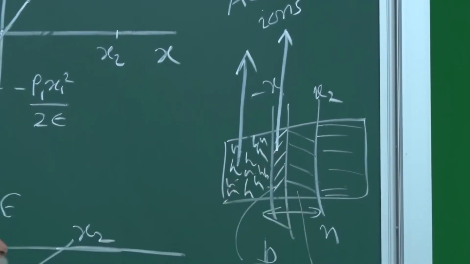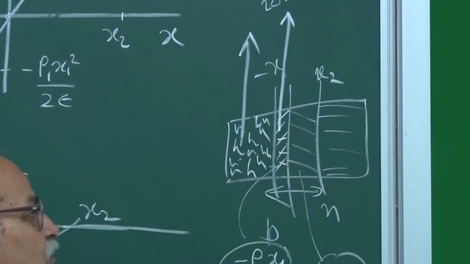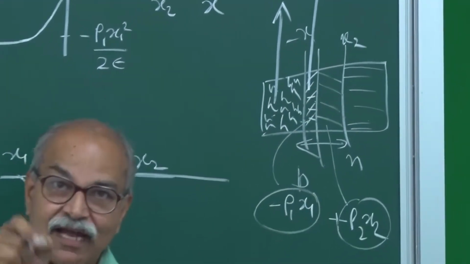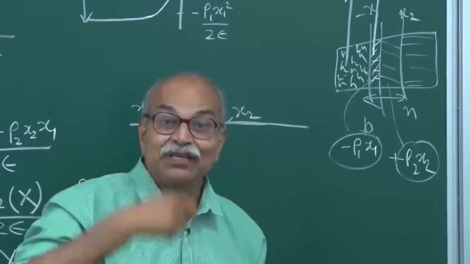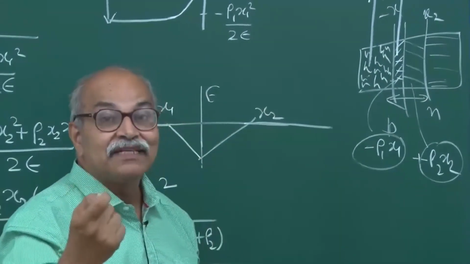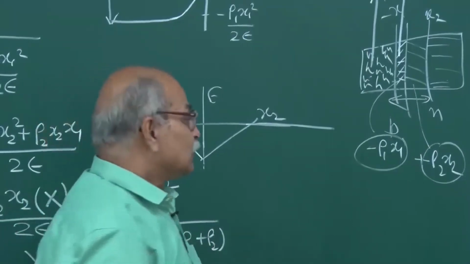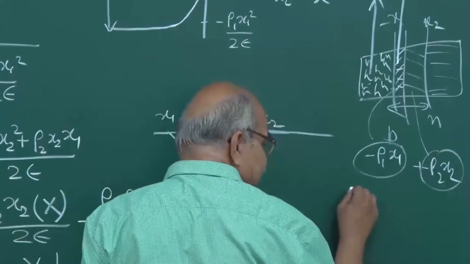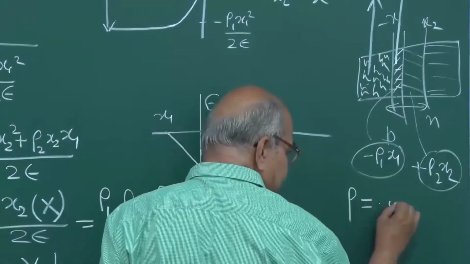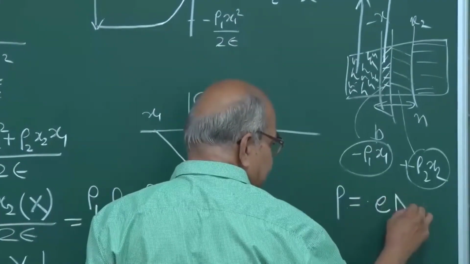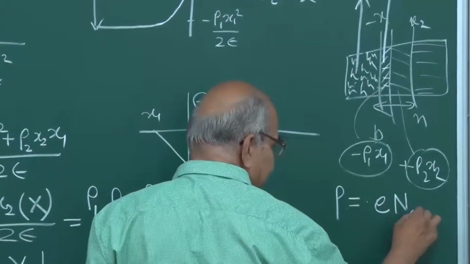Therefore you have this negative charge. All right. So each acceptor ion which is sitting there in the depletion layer is giving you 1 unit of negative charge. So the charge density will be just E times this density of acceptor ion.